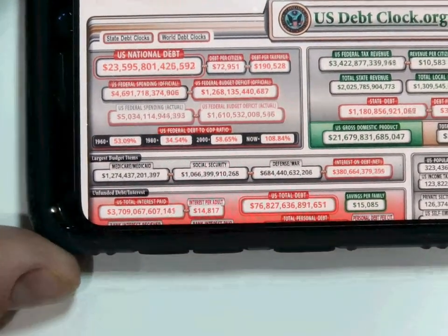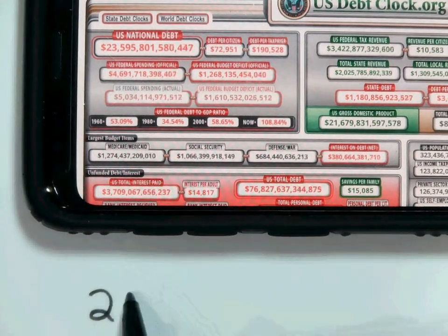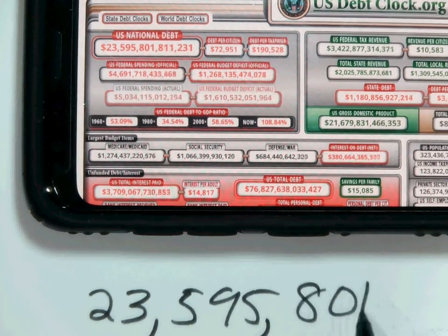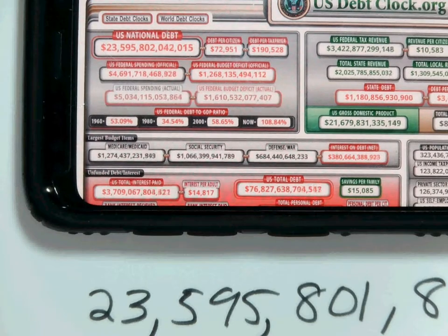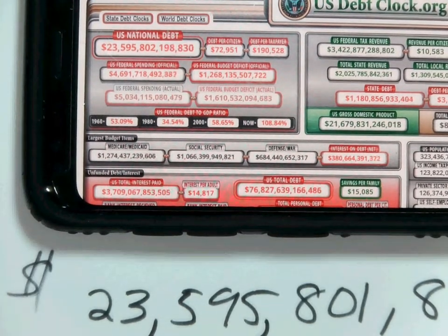But let me just write down, at one point in time we had 23,595,801,865,127.38. That was our national debt at one time, right?